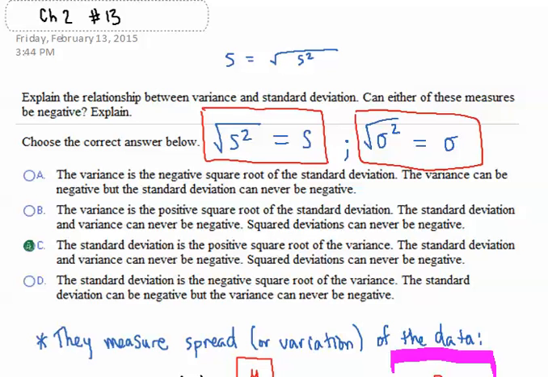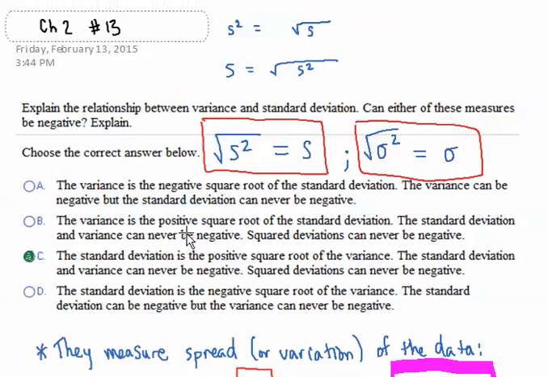What was wrong with this is that it said the variance is, so it said s squared is the positive square root of s. Is that true? If you take the square root of a number, do you get the square of the number? No. So that's baloney.